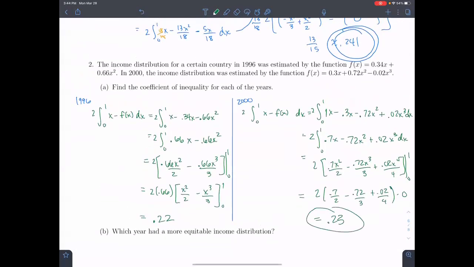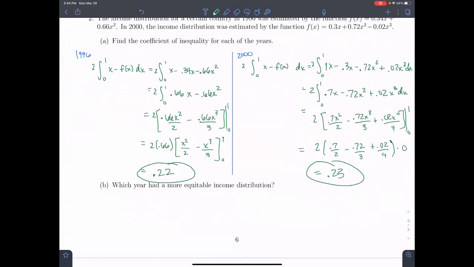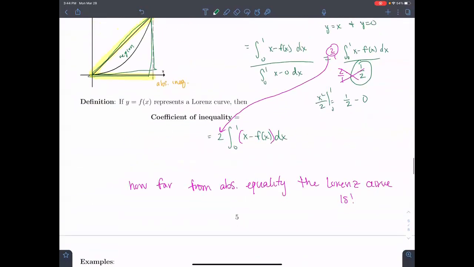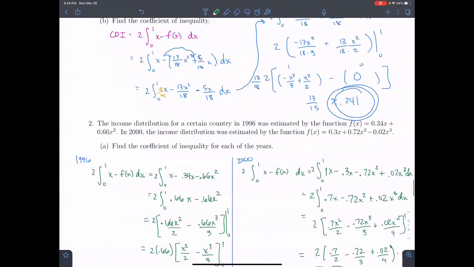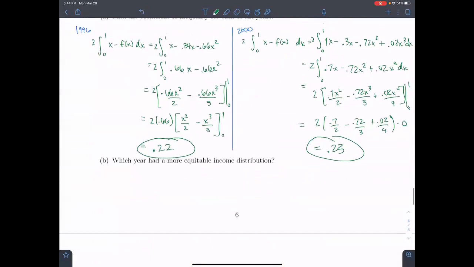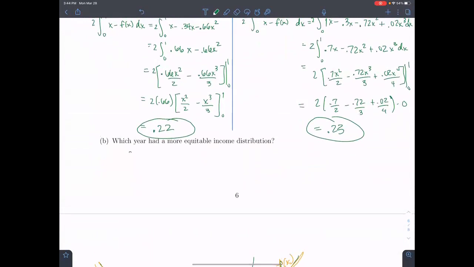Okay, so part B on this one says, which had a more equitable income distribution. So this is the measure of how far you are from equality, how far from absolute equality. So the smaller the coefficient of inequality is, the more equitable it is.